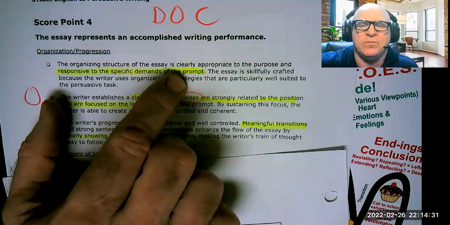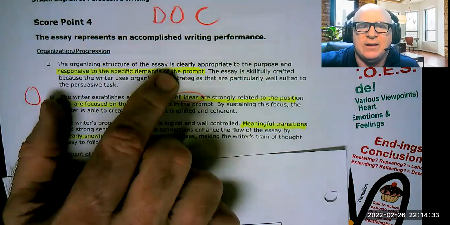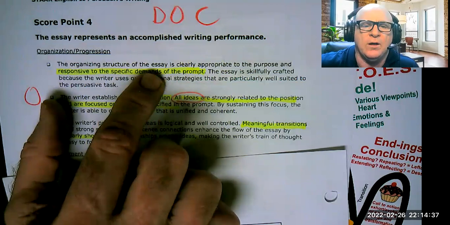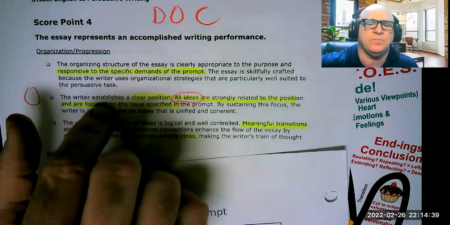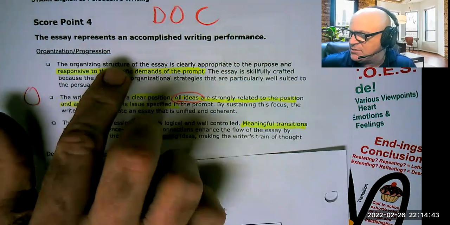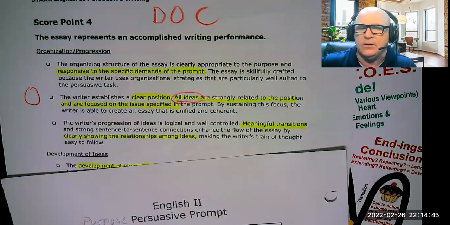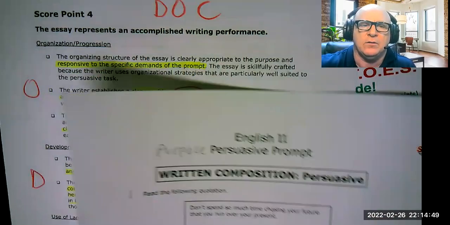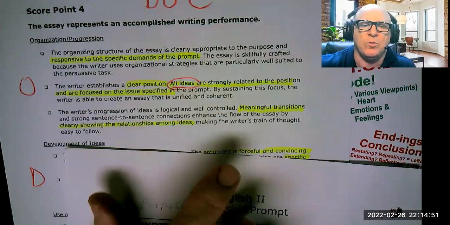And a lot of times, giving an example can get you a 1 or a 2 if you can get your kids to remember to do that. Okay, that's the O of what I call DOC, the TEA scoring rubric.